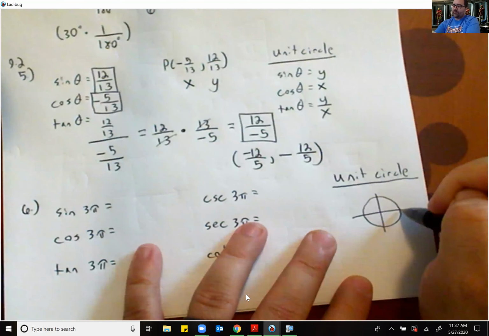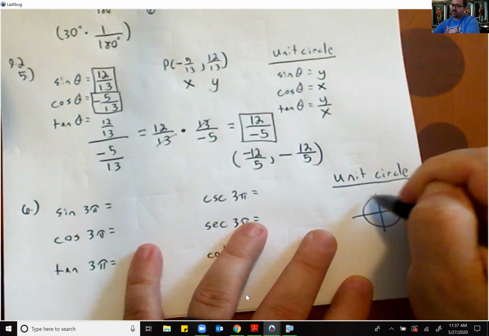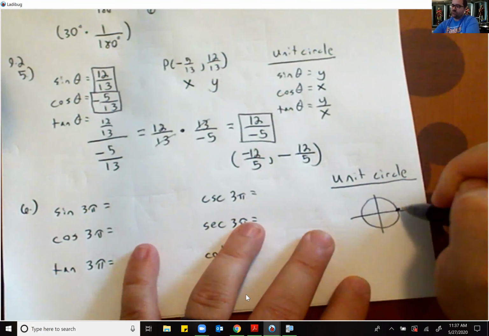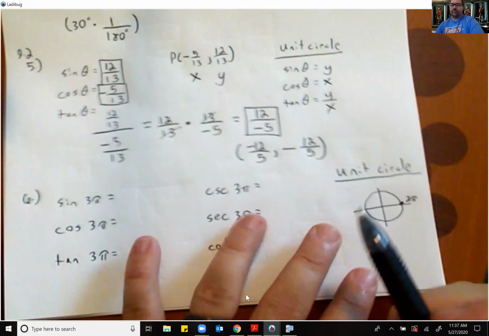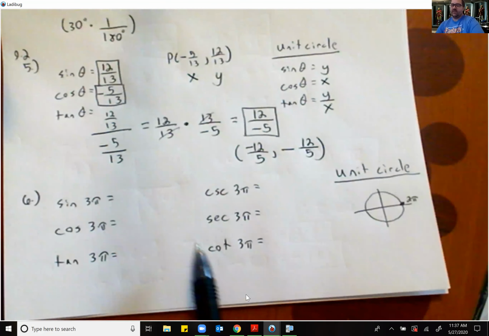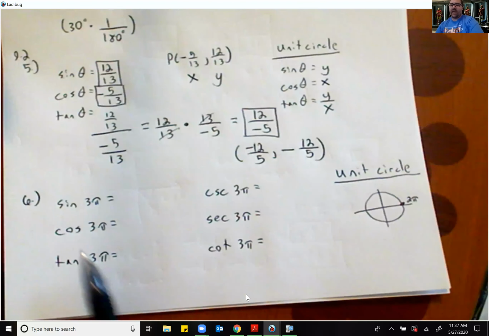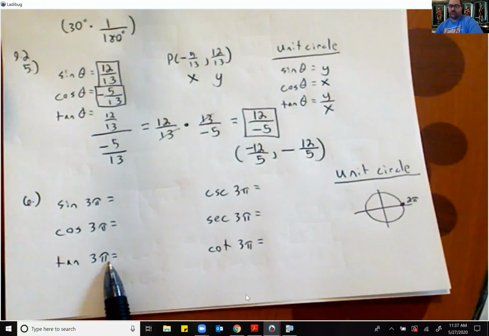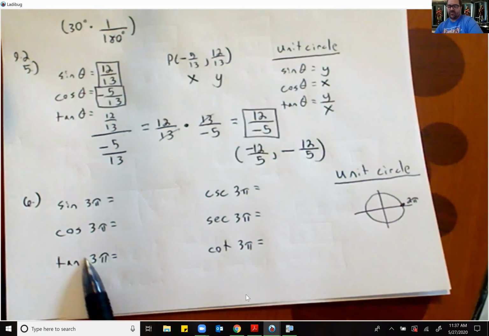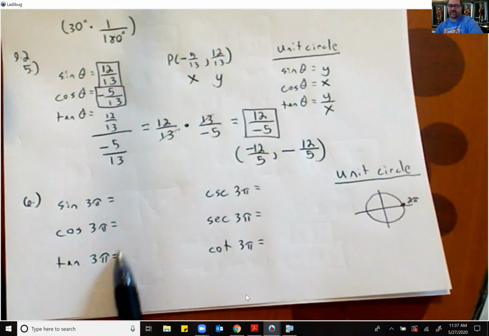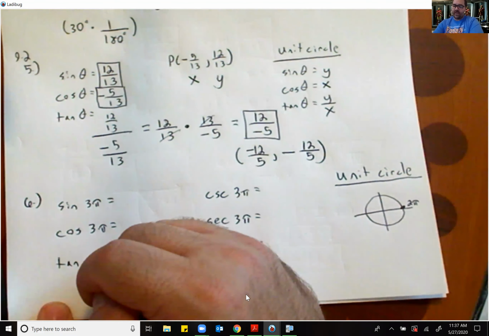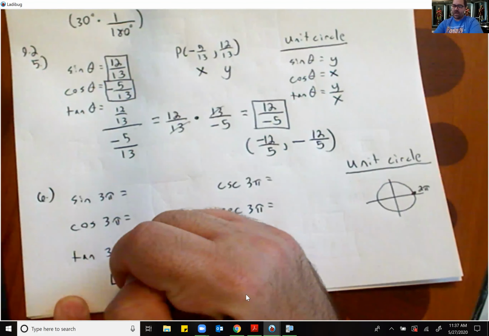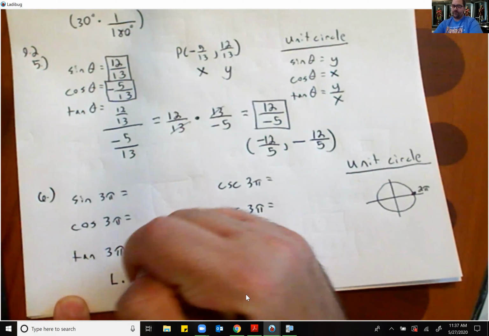From the starting point all the way around once is 2 pi. What you need to do on these is find a coterminal angle to this, because right now, this has gone around my circle once and a little bit more. So remember to find coterminal. And what we're really looking for is the true least positive coterminal angle.